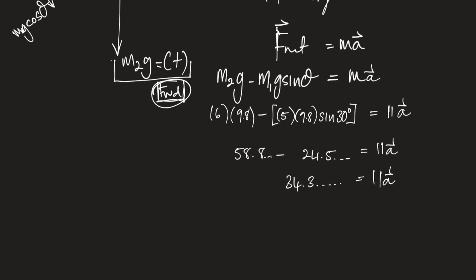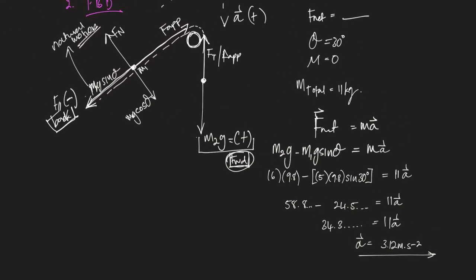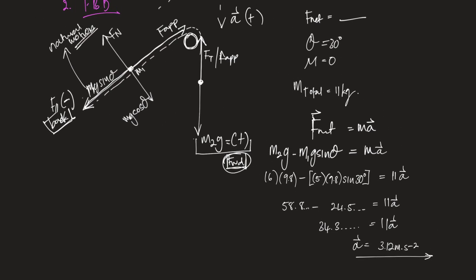Divide both sides by 11, and A is actually 3.12 meters per second squared. And that is how we calculate the acceleration of an inclined plane sort of system, which means that this part here is 3, that's sorting out your F net, and then 4 is calculating your acceleration in this whole situation.